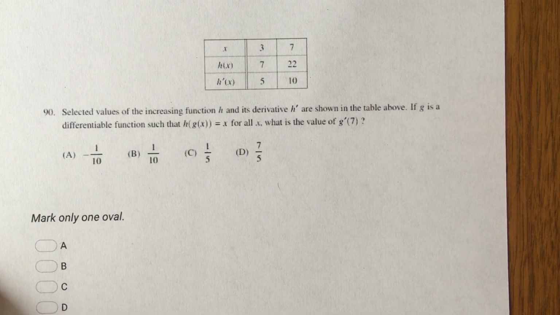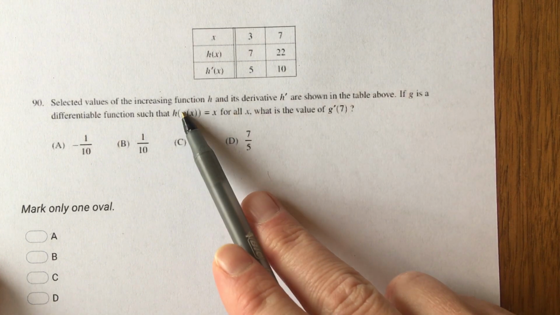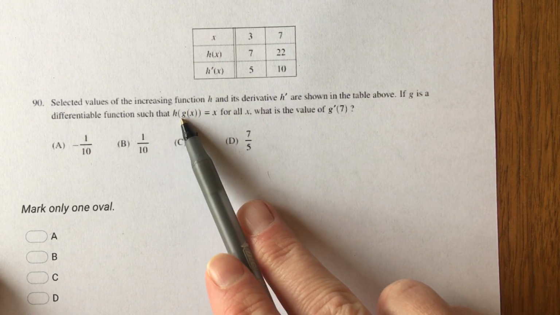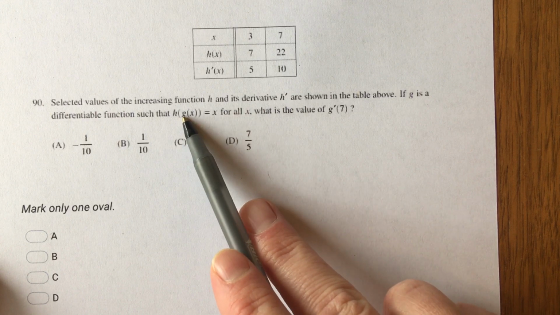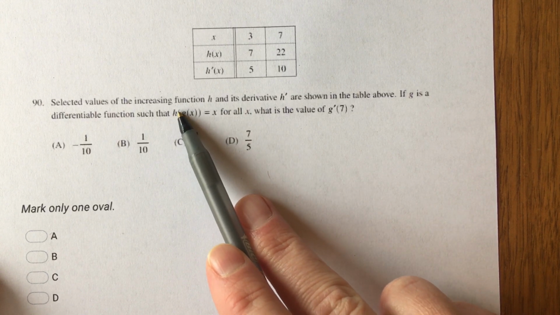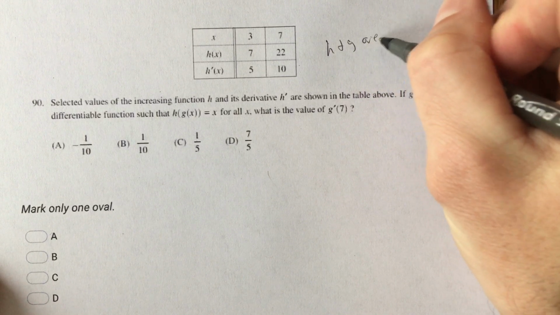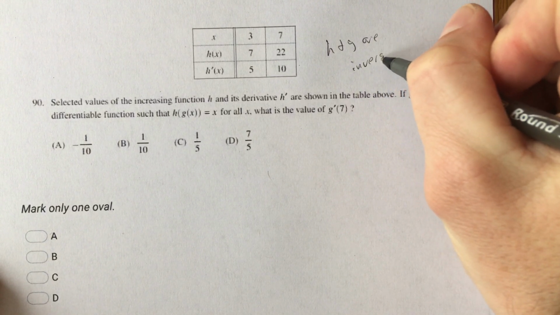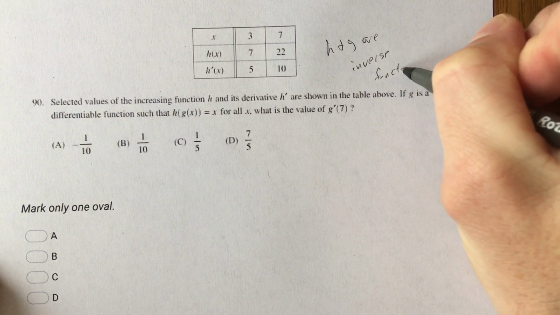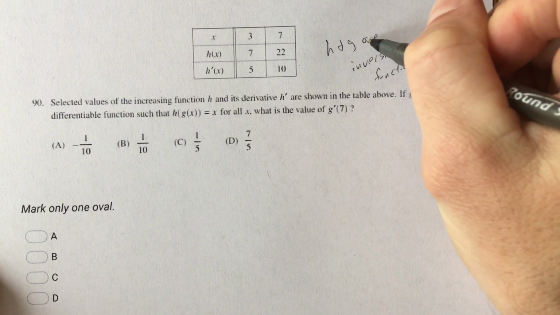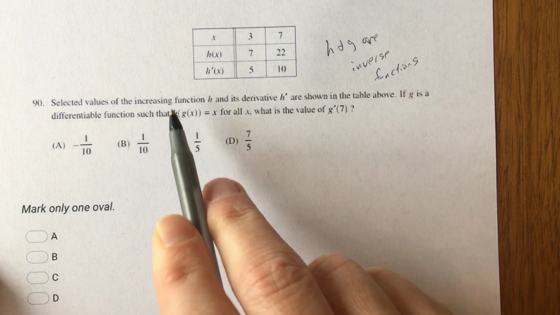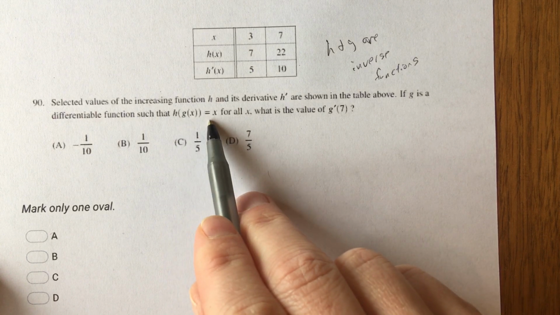And then our last question here gives us a table of values, and it says that g is a function such that h of g of x equals x. Now notice that h and g kind of cancel each other, so what that means is h and g are inverse functions. They didn't tell you that directly, but you're to assume that from this information right here.